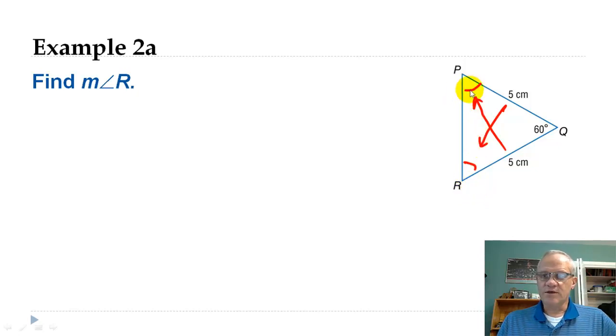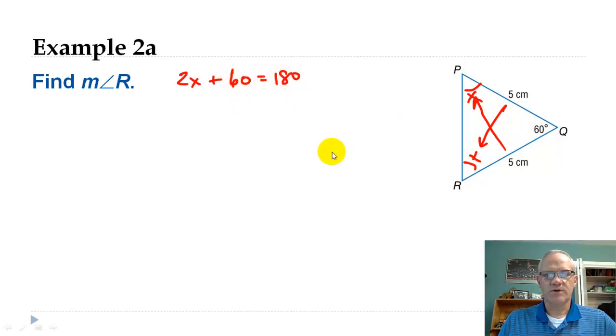Okay, well, if I think of this one here, I don't know what it is, but let's say I call it X, then this one has to also be X. And so if I have two X's plus this 60, it will have to equal 180, right?